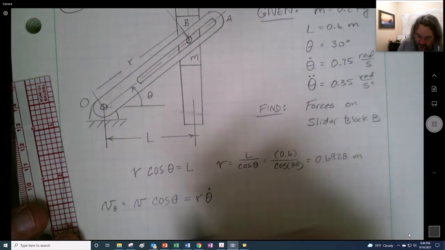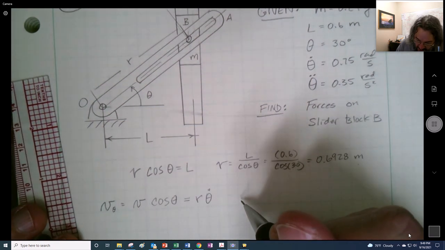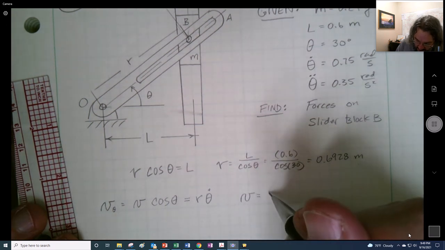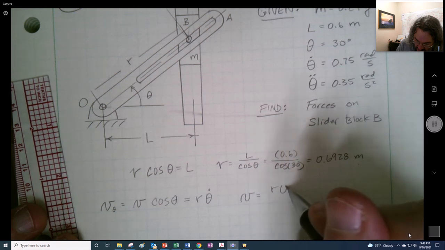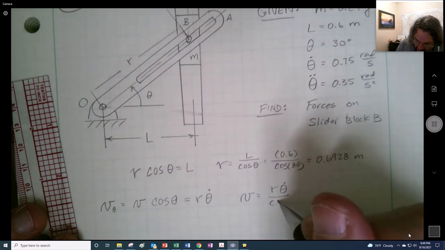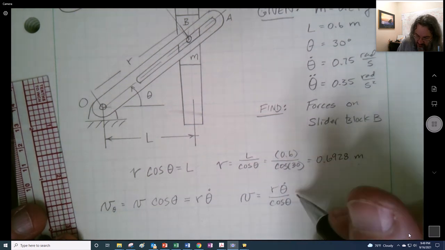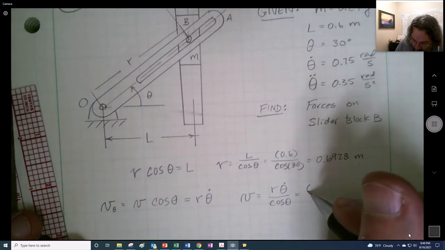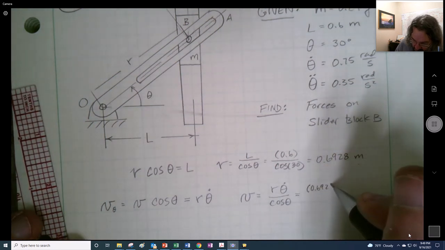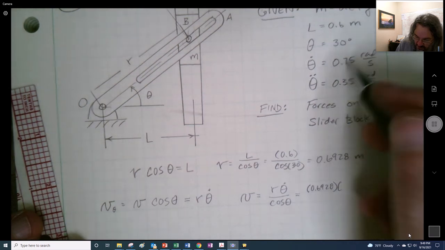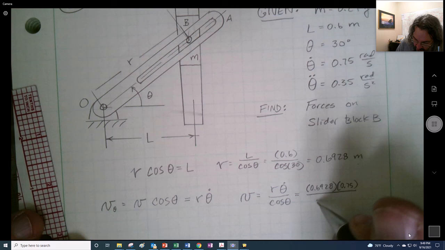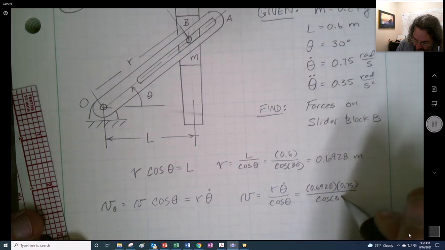So if we want the actual velocity of this piece, we get r theta dot divided by the cosine of theta. So we're going to have 0.6928 times 0.75 divided by the cosine of 30 degrees.